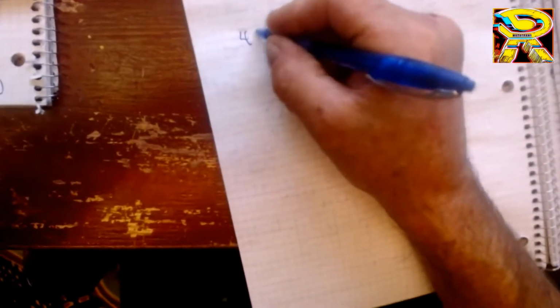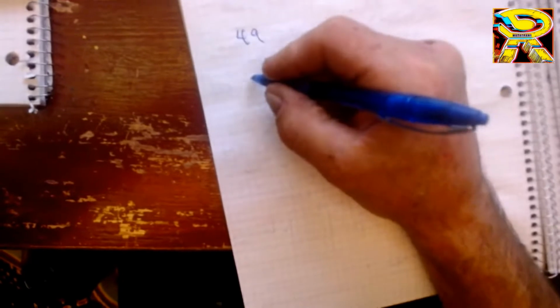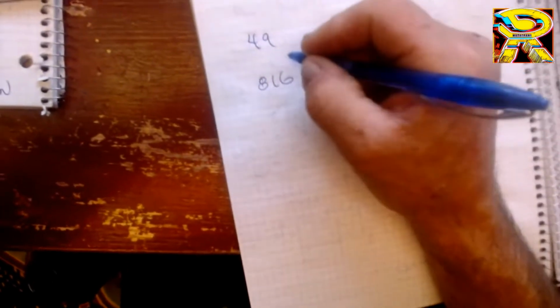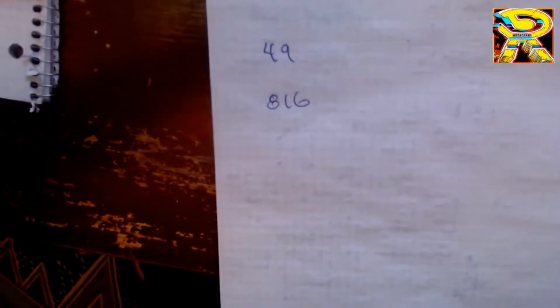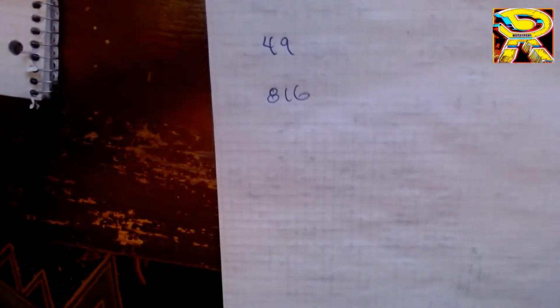89012 here. Saturn. I also want to do the Saturn number, right? The Saturn number is 49 something 816. I don't remember what the number is over here. I wish I could remember. Just hold on a second. I'm going to take a look for it. I got to do this right.